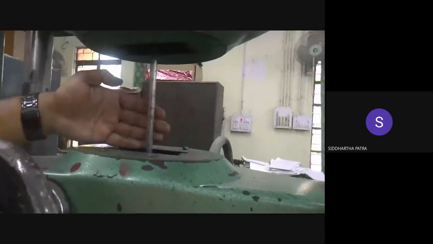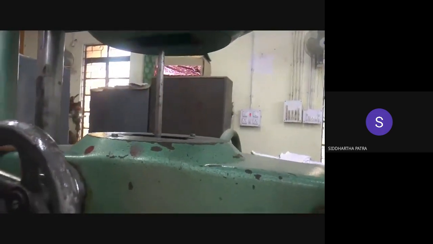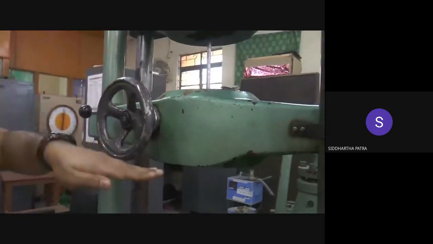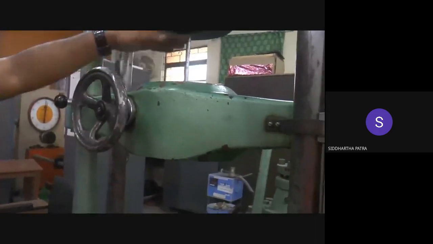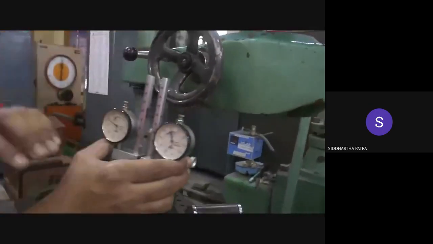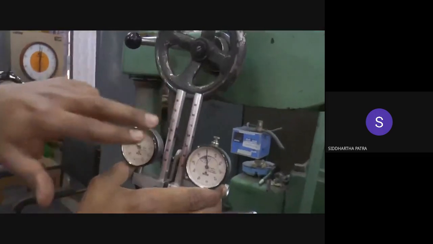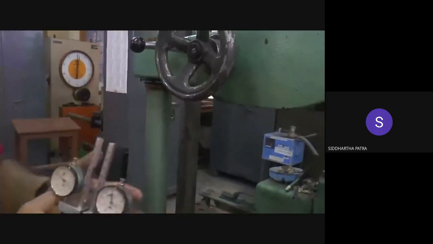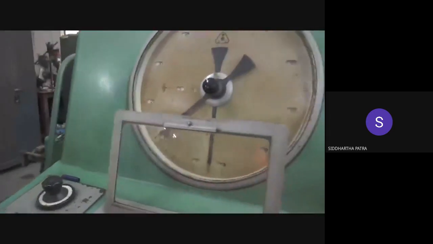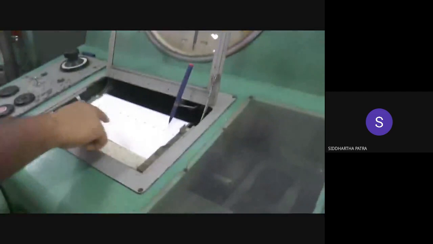Then this moving crosshead would be pulled downwards, and it would in a way stretch this bar over here, and therefore we would get the elongation data from the extensometer. Similarly we will get the value of the force from this dial over here. Not only that, here we would also be plotting a graph.